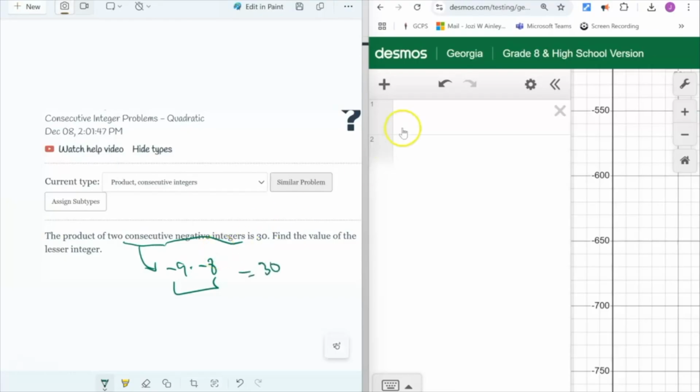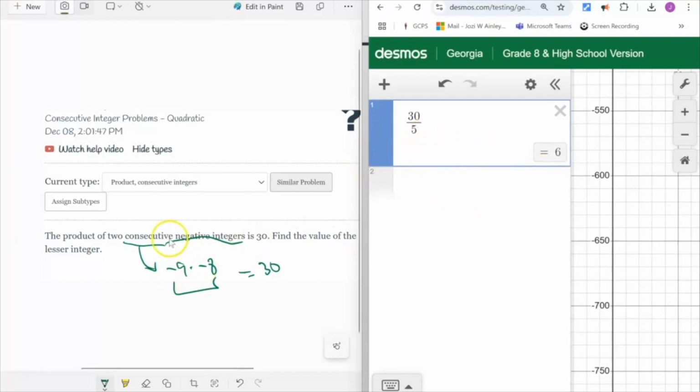And we've talked about finding the factors of 30. So 2 and 15, they're not right next to each other. Let's try 3. 3 and 10 are not right next to each other. 4 doesn't work because it gets 7.5. 5 and 6, these are numbers right next to each other. Now the question is, can I make them both negative, because they say negative integers, for them to give me 30?